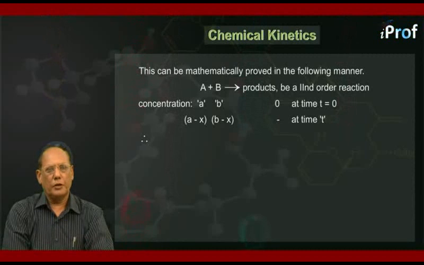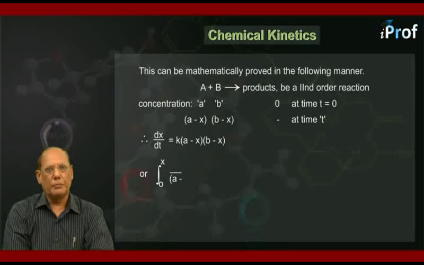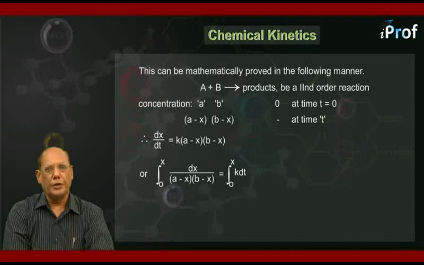Therefore, we can write dx by dt equal to k into A minus X into B minus X, or integration 0 to X dx upon A minus X into B minus X equal to integration 0 to T k dt.